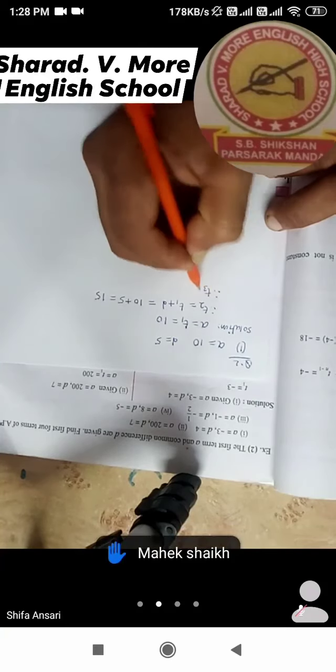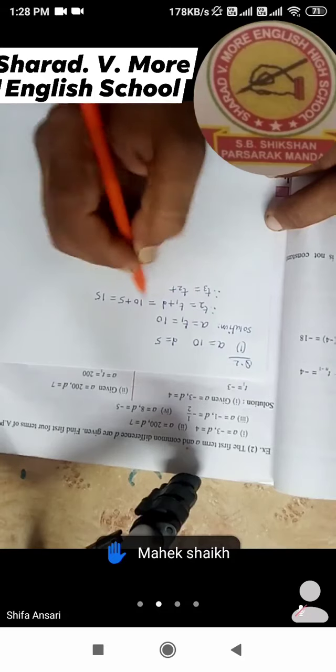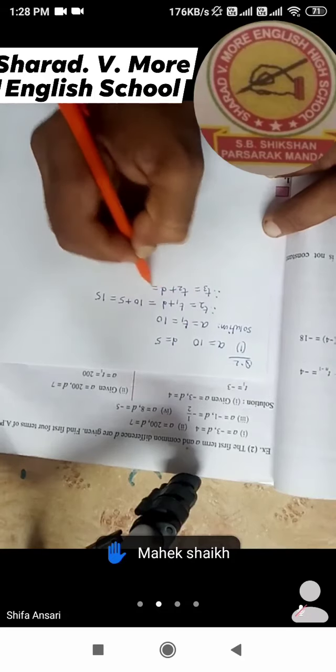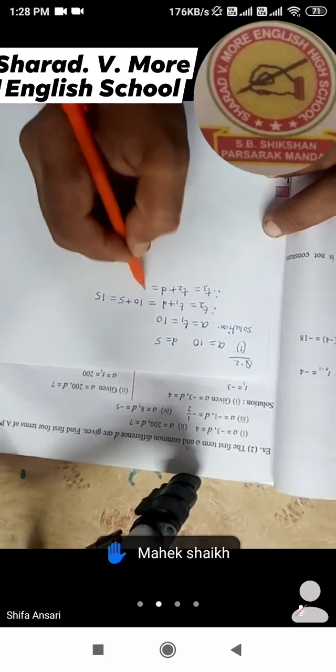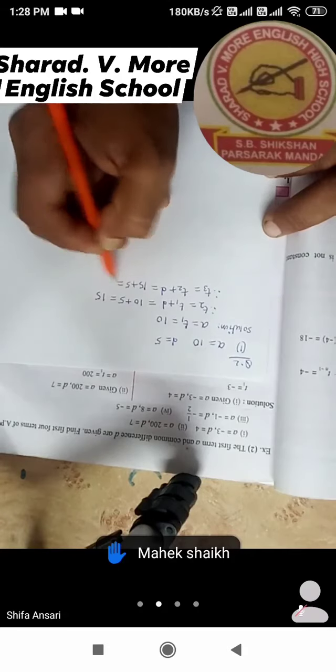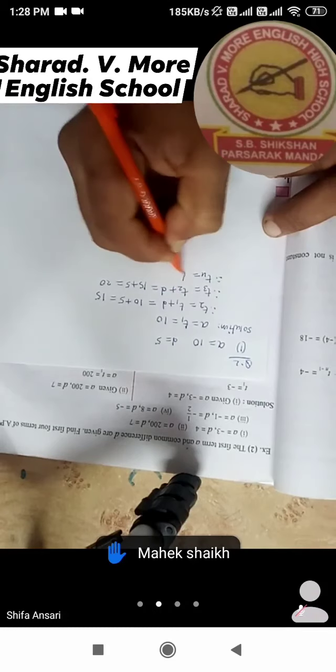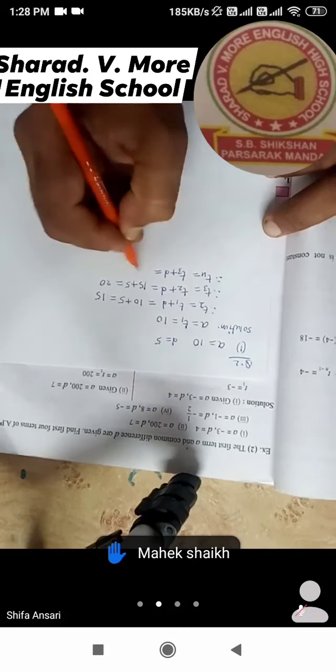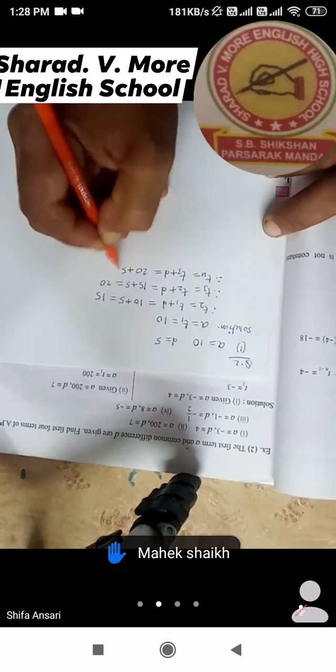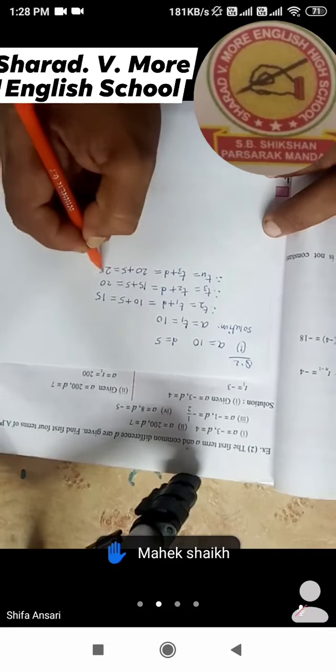Therefore, t3 is equal to t2 plus d. So here t2 is equal to 15, 15 plus 5 is equal to 20. t4 is equal to t3 plus d and this is equal to 20 plus 5 is equal to 25.